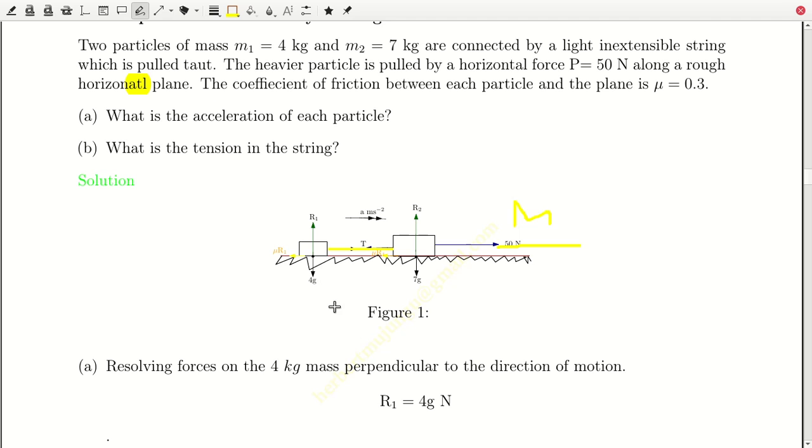So R1 is equivalent to 4g, meaning now we can determine our frictional force, which will be mu, given as 0.3, times this R1, which you have got as 4g. Then to get the net force acting on this mass, we take the tension T minus the frictional force. That will be the net force acting on the 4 kilogram particle.